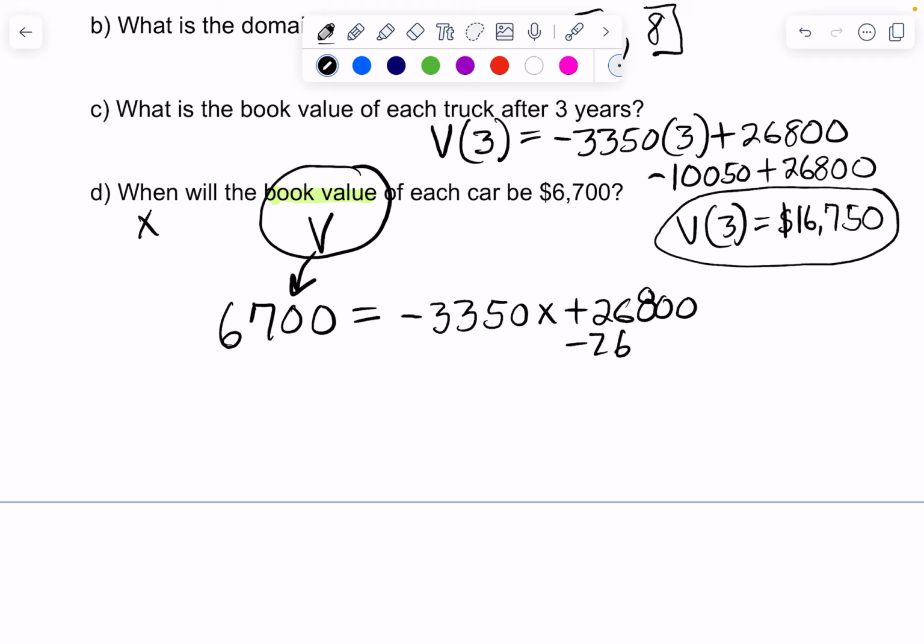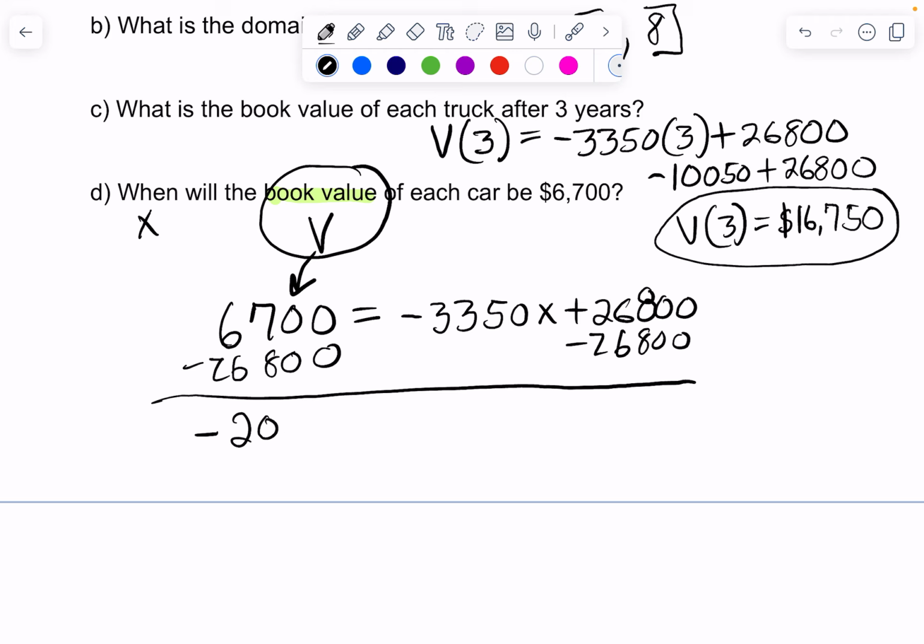We're going to subtract 26,800 from both sides. And we're going to use our trusty calculator here. 6,700 minus 26,800 will give me a value of negative 20,100, which equals negative 3,350x.